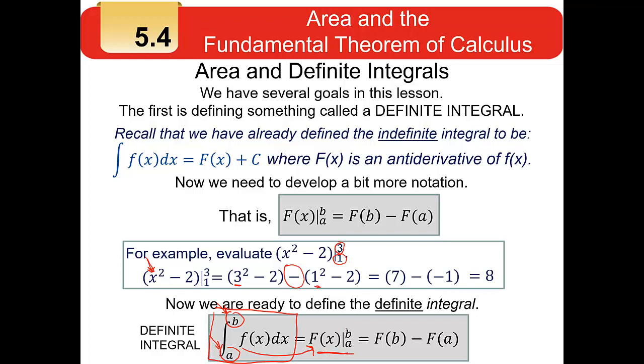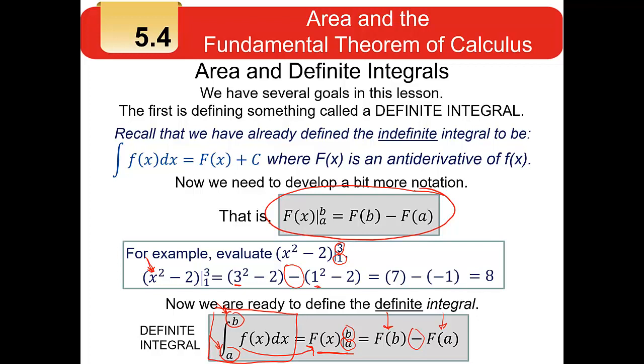which we just learned means taking the top number, plugging it into the function, then taking the bottom number, plugging it into the function, and subtracting the results. So the definite integral takes the antiderivative just like the indefinite integral does, but instead of putting a plus c and saying that's the general antiderivative, we actually get a numerical answer by evaluating according to that formula that we learned a few minutes ago.